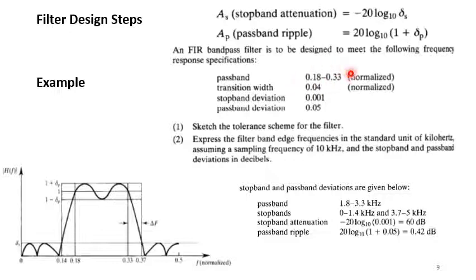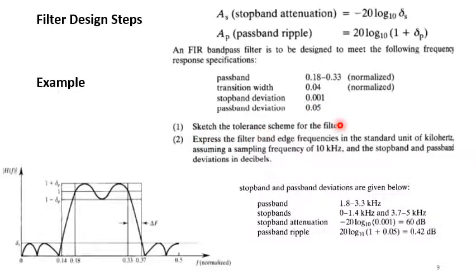This is normalized, meaning these are digital frequencies, and you obtain them by dividing the given frequency by the sampling frequency. We are also given the transition width, that is 0.04, again normalized, the stop band attenuation, which is 0.001, and the pass band deviation, which is 0.05.